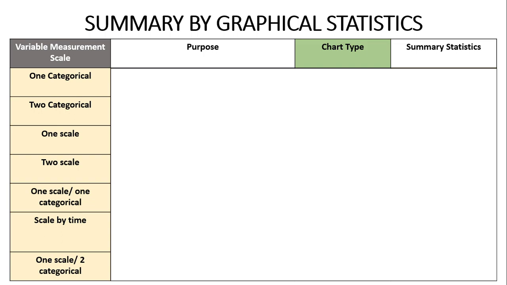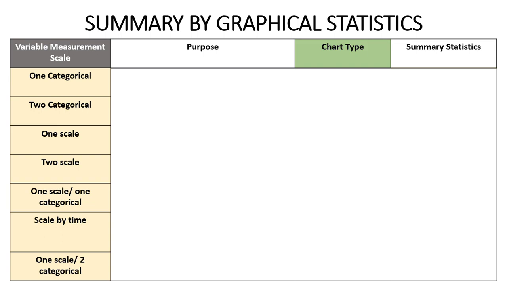If your data is a scaled variable, where one scale is there, two scale means more than one is there. If your data is a combination of a ratio or interval scale as well as ordinal data. If your data is scaled by time, and finally if you are dealing with one scale variable and another categorical variable. On the basis of these measurements, you decide which chart or figure to plot.